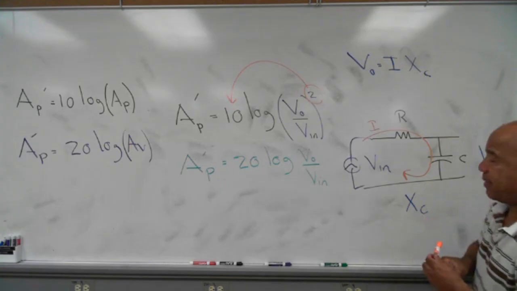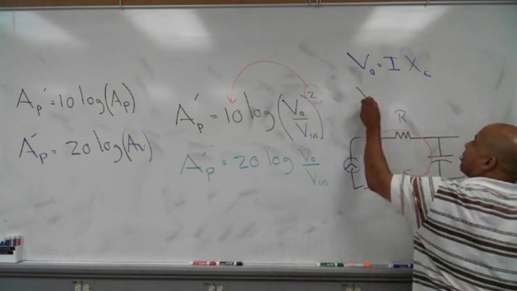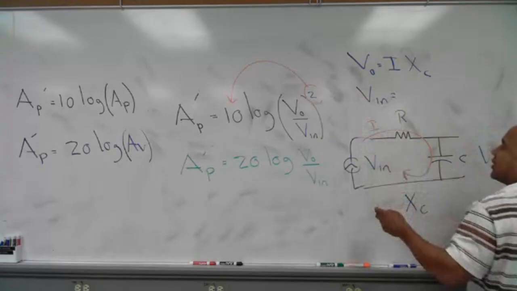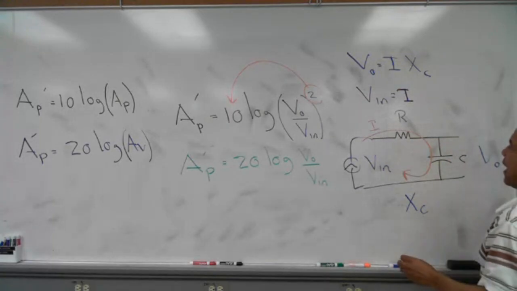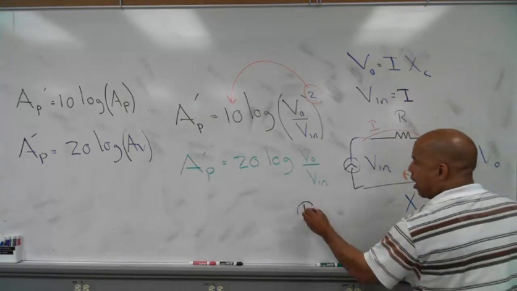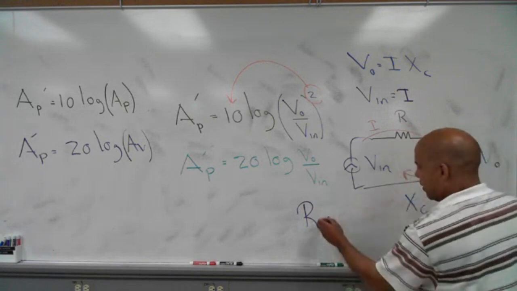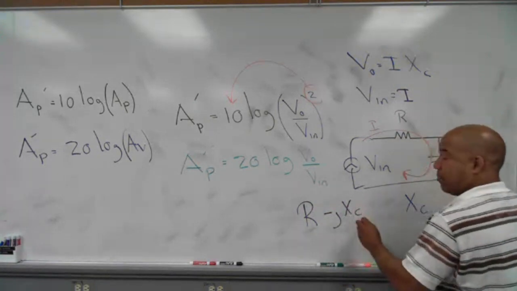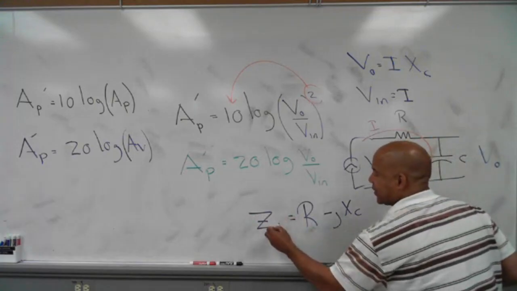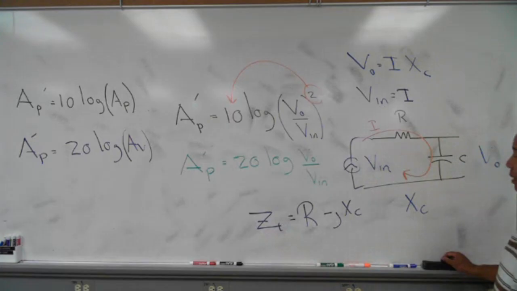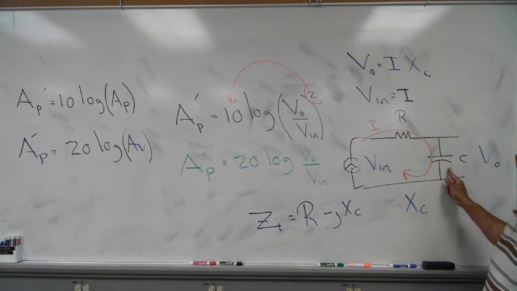Now, how would I get V in? Well, V in is just going to be the current multiplied by R plus, or actually minus jXC in polar form, right? But all that is the total impedance. That's ZT, or just Z. If I take the resistance and the reactance, that's the impedance.